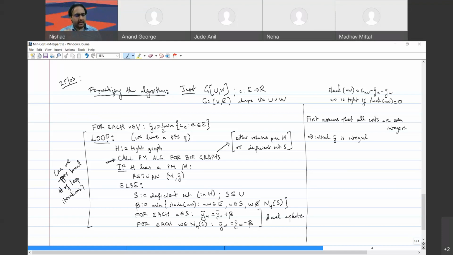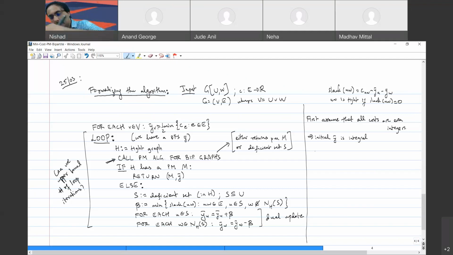Okay, let's think about what the algorithm is doing. We are computing the slack. What is the slack? It is the cost minus the y bars. The cost is an even integer, y bars are integral, so the slack is going to be integral. And the minimum is going to be our beta, so that's an integer. And then we are adding beta and subtracting beta from integers. So we will again have integers, right?